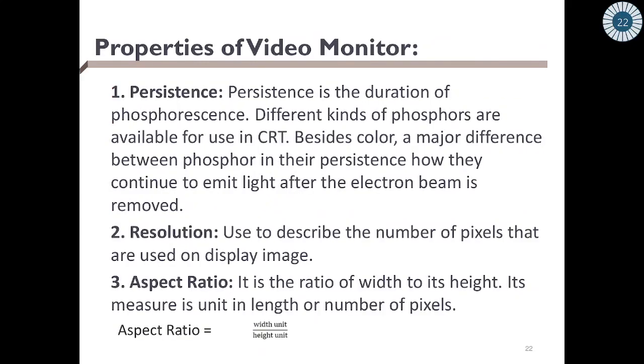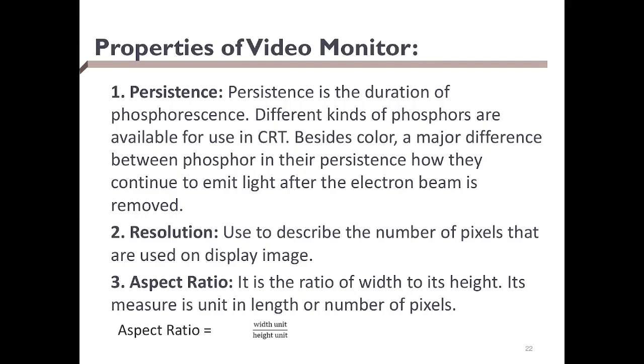Okay, so the properties of a video monitor. We have persistence. Persistence is the duration of phosphorescence. Different kinds of phosphors are available for use in CRTs. Besides color, a major difference between phosphors is in their persistence, how they continue to emit light after the electron beam is removed.